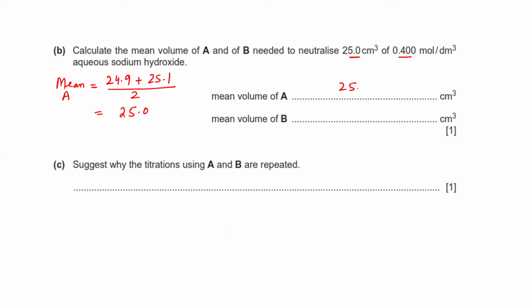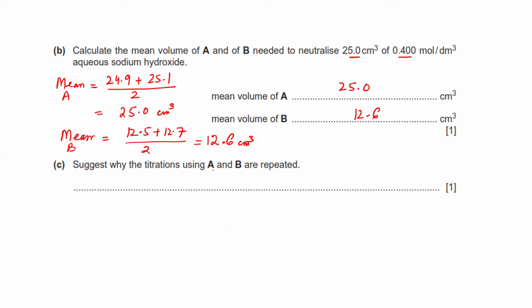Then the mean of B: 12.5 plus 12.7 divided by 2 comes out to be 12.6 cm³.